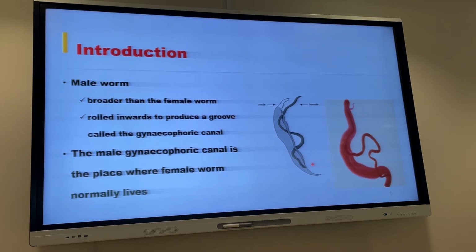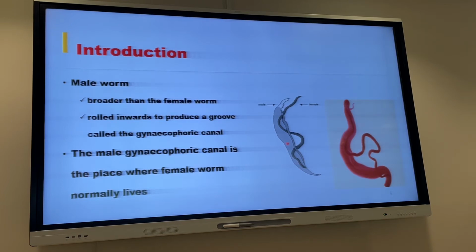So, what is the peculiarity of the male worm? The male worm is bigger or larger than the female worm, and it tends to fold over, forming an opening which is referred to as the gynecophoric canal. This is where the female worm is usually located.